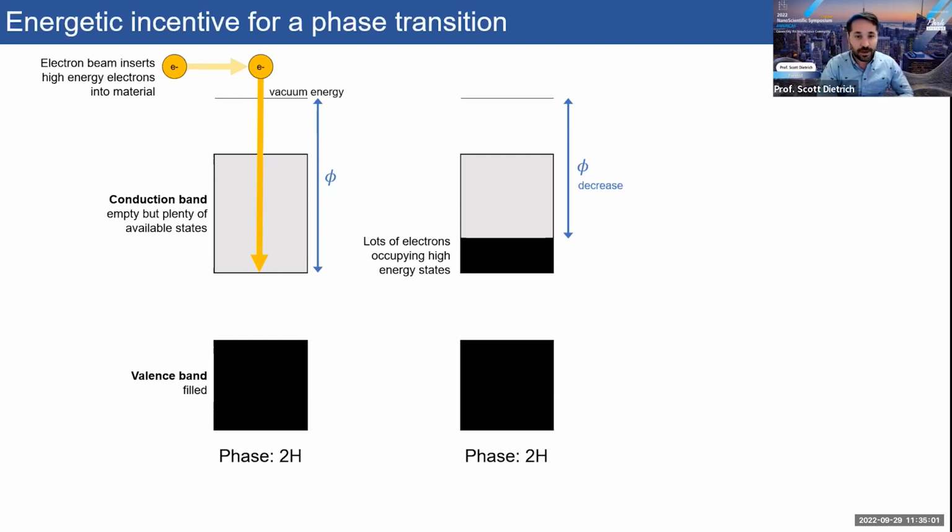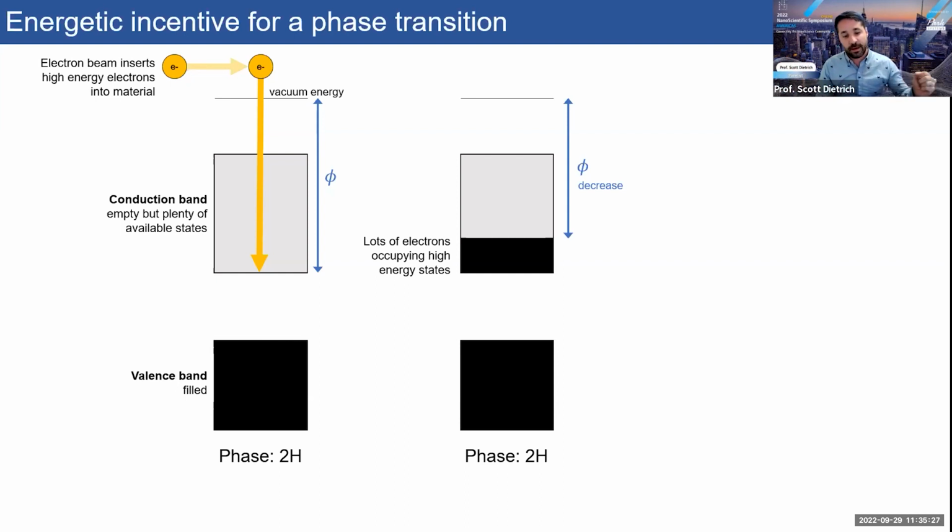And even though the atomic lattice is in its happiest energy state, its lowest energy state, we now have these really high energy electrons, these hot electrons, and they would like to come down in energy and lose this potential. So what the whole crystal can do is give up some favorability in the electronic or the atomic configuration in order to get these electrons down to a lower energy state.